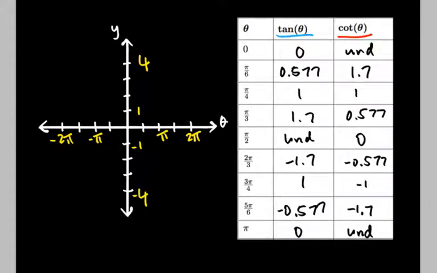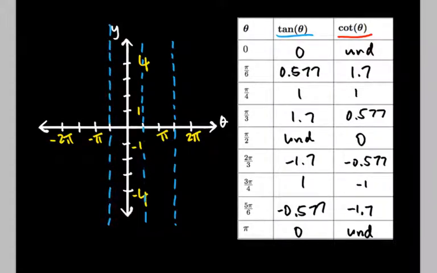So, the pi over 2's are going to be undefined for tangent, so let's just make those asymptotes first. Blue is going to be tangent. And then we'll see some nice things happening.